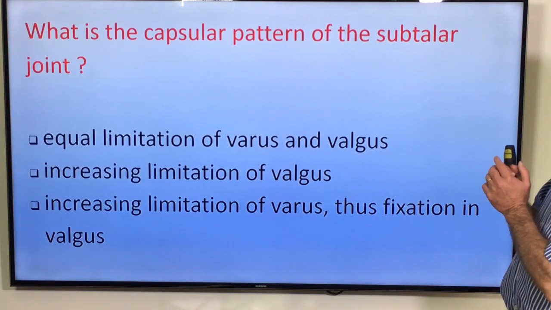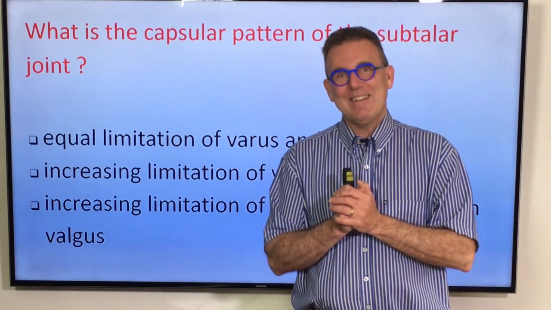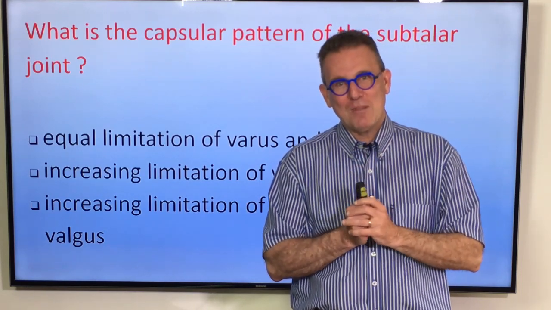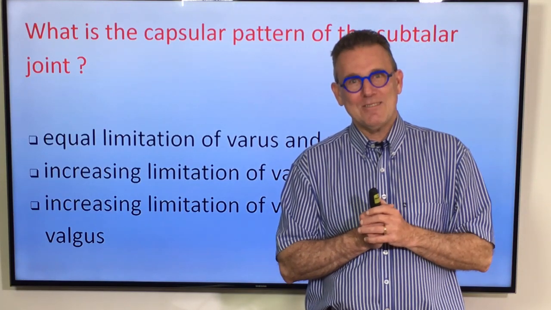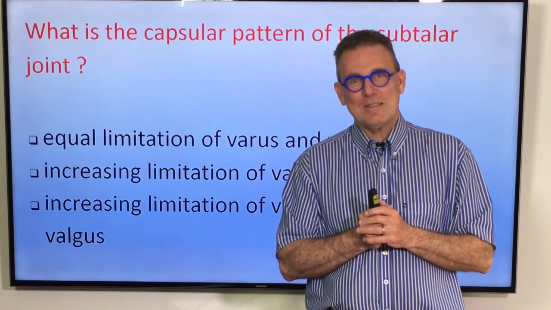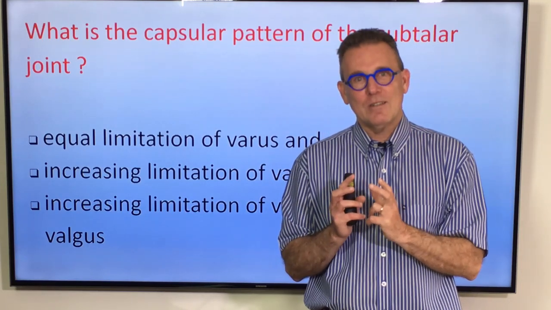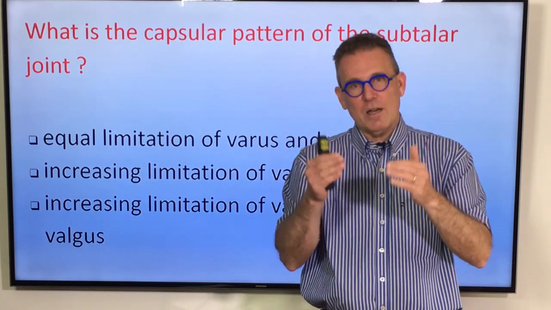What's the capsular pattern of the subtalar joint? Well, when you look at the film on examination of the foot, I explained that to you. Remember, visualize elderly ladies with rheumatoid arthritis. They are standing and you stand behind them.